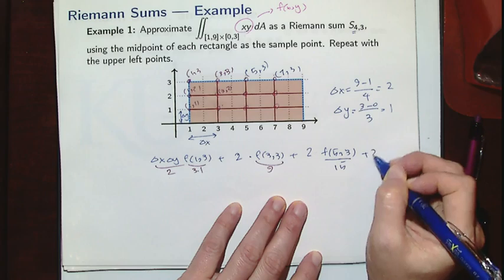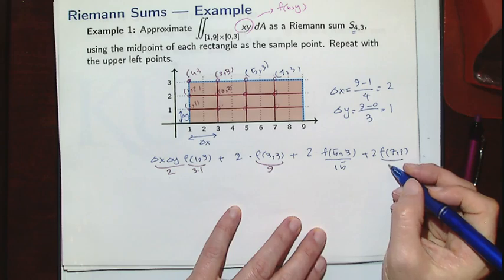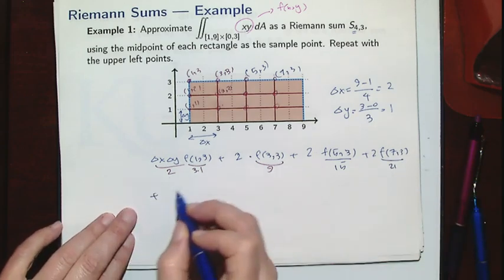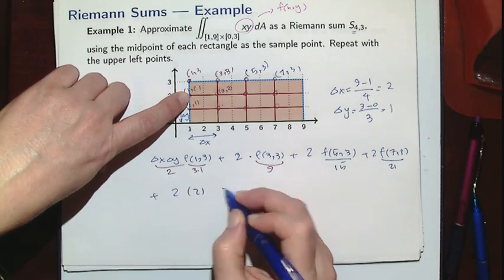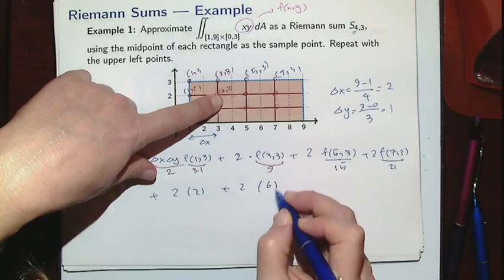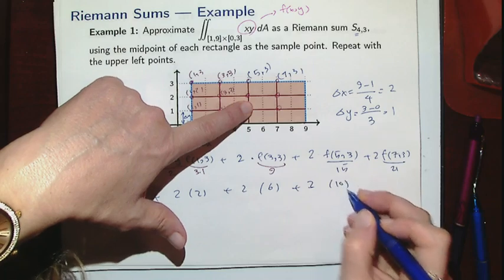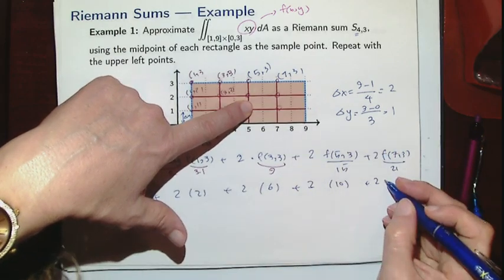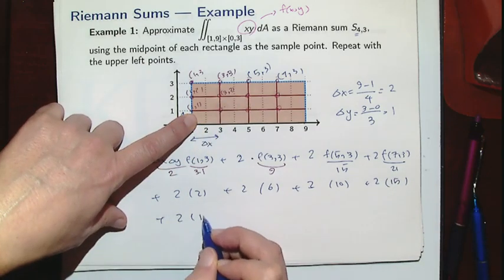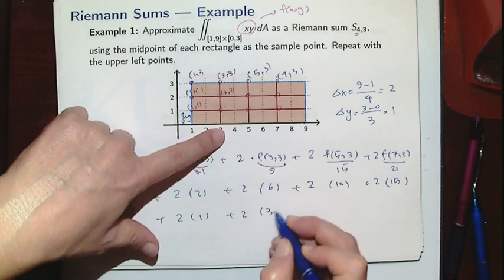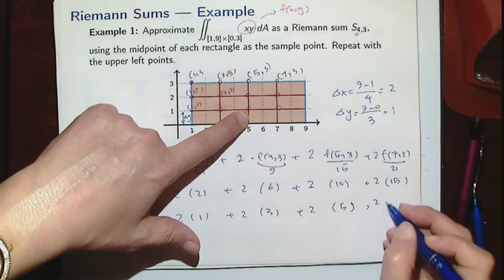Is 15 plus 2 times f of 7 and 3, which is, what, 21? 21. Then again, plus, I'm just not writing the f anymore. This is 2 plus 2 times, and this one is 6, and plus 2 times, that one is 5 and 2, so it's 10, and then plus 2 times, it's 5 and 3, which is 15. And then 1 down here is 1, plus 2 times 3, plus 2 times 5, that point, 5 and 1, 2 times 7.